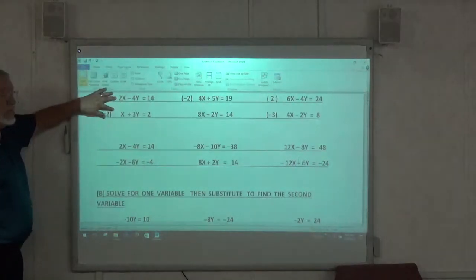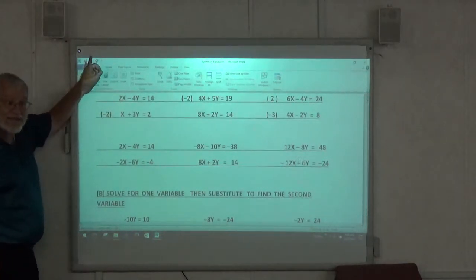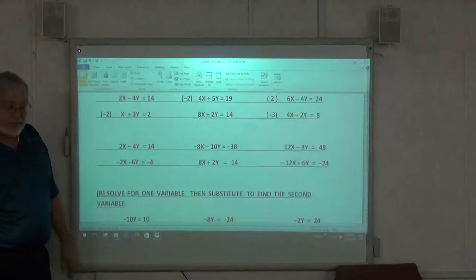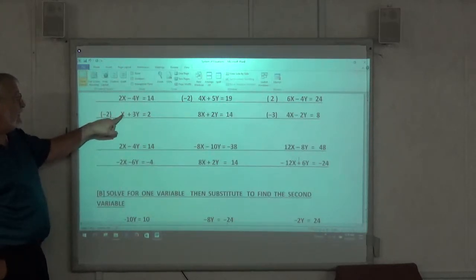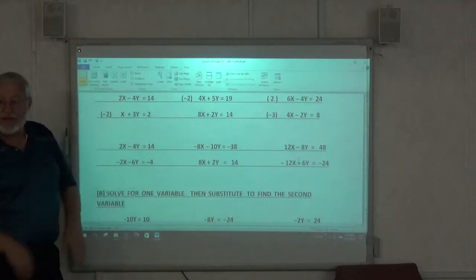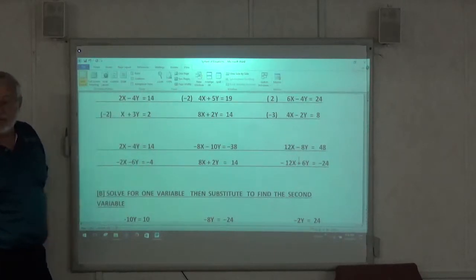All right, here are the two equations. Now, if I wanted to eliminate the x's, what I see is I need to take this equation and multiply it by negative 2. When I multiply this equation by negative 2, I'll have 2x here, negative 2x. When I add them together, I get 0x, and therefore I have one equation, y equals some number that I can solve for y.